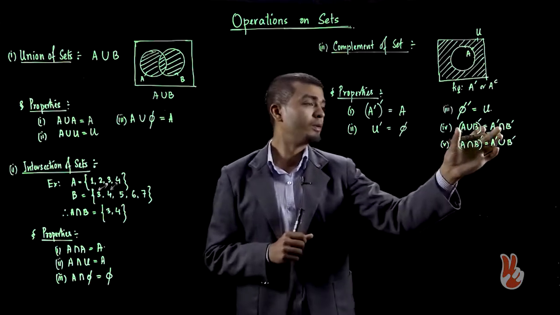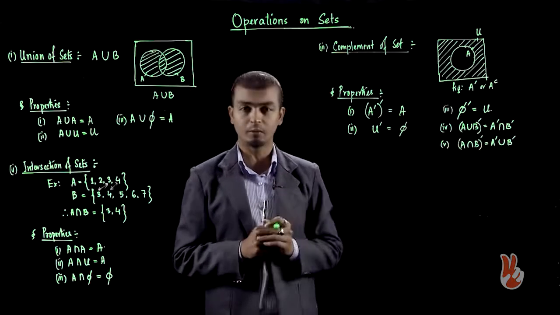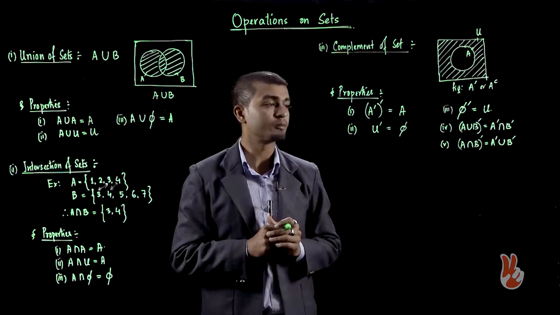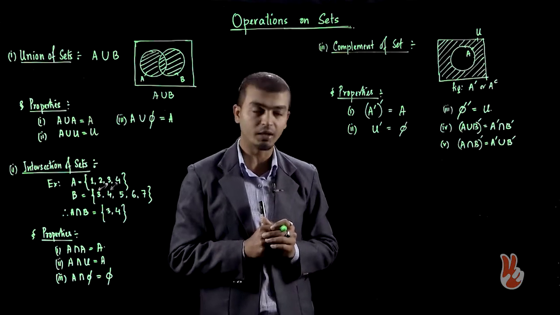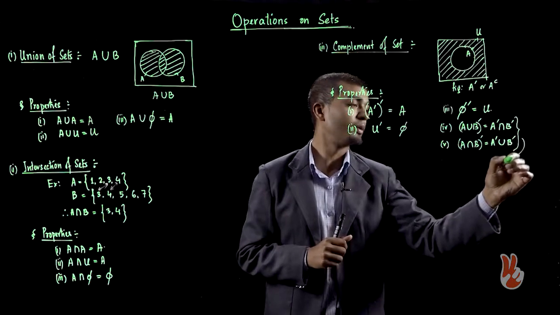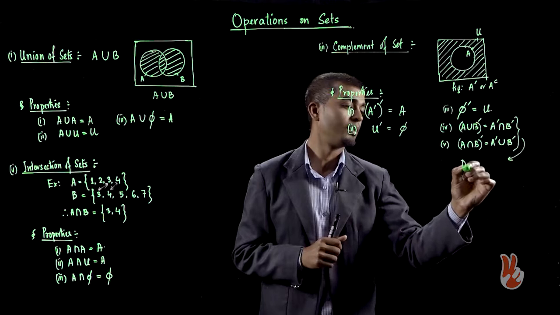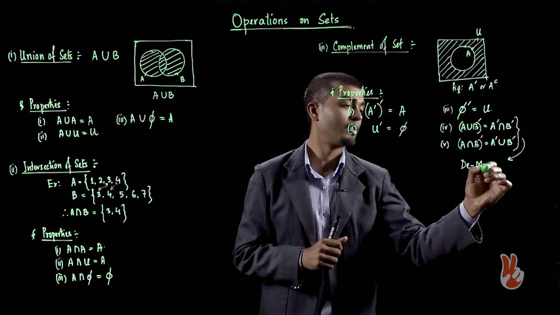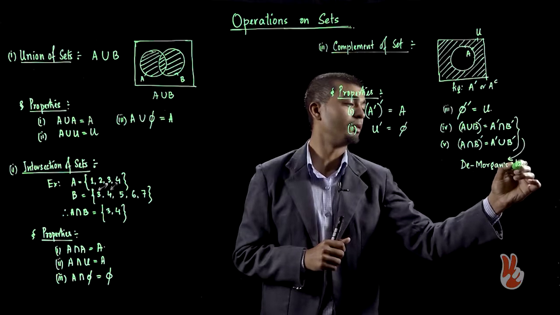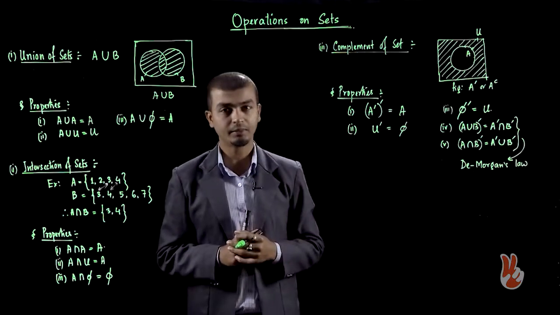Now these two are properties of complement, but they are being categorized as a special law. It is called De Morgan's law. Please remember, these two are said to be the De Morgan's law. Clear?